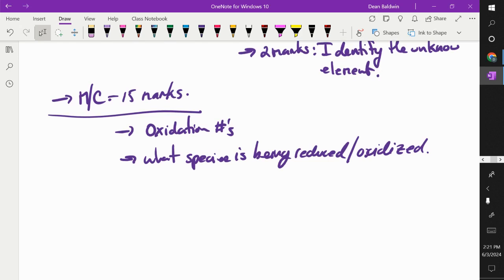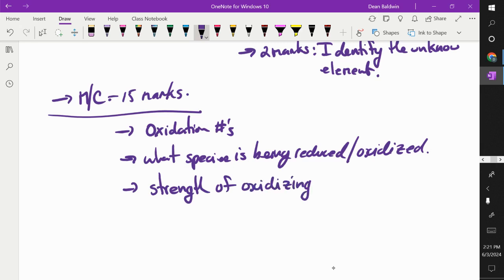What species is being reduced or oxidized? Strength of oxidizing or reducing agents. Isn't that just where they are like the higher reduction potential? Yeah, but remember, if you look on the questions I gave you, there's ones where I say these 2 things will react, these 2 things won't react, this one does react.